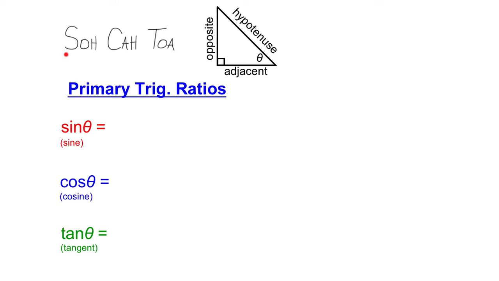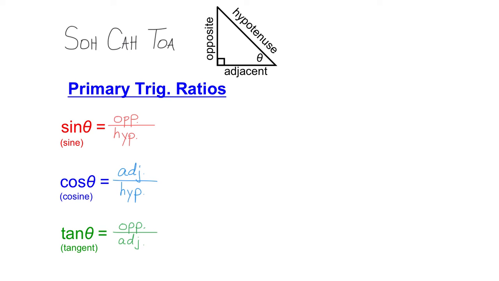You may have also been taught this acronym, SOHCAHTOA, to help you remember how to write these ratios for sine, cos, and tan. Sine is opposite over hypotenuse, so we write that as sine theta, that's the angle. Sine theta equals opposite over hypotenuse. Cosine is adjacent over hypotenuse. Tangent is opposite over adjacent.